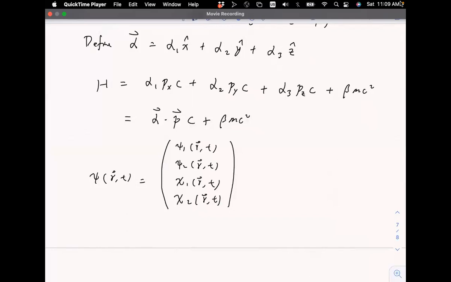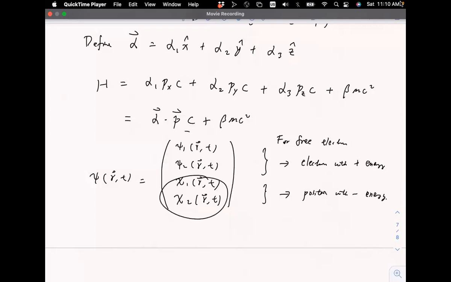If you solve the equation for a free electron, with no potential, these two will be electron with positive energy, and this will be a positron with negative energy.